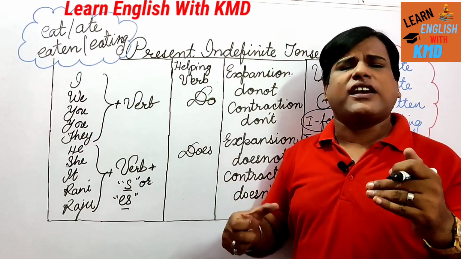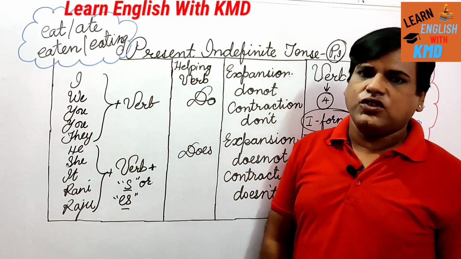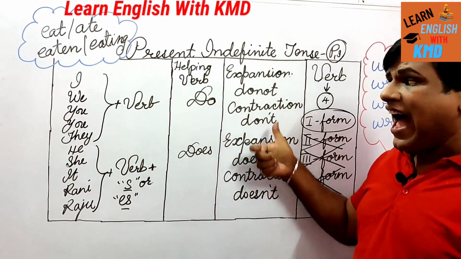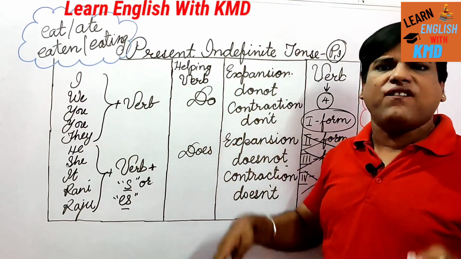In all these examples, I'm talking about third person singular. So my question starts with helping verb does. And the verb I'm using in present indefinite tense is first form of verb.